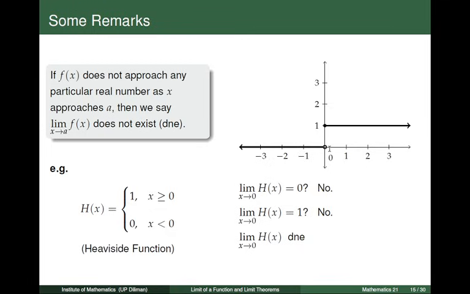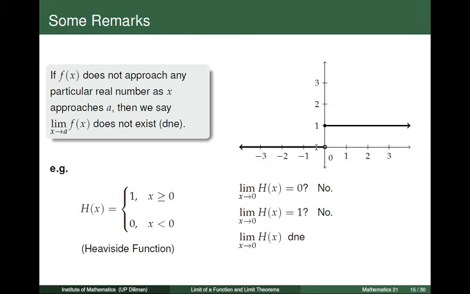Now, when we consider points close to 0 but on the right side of 0, the functional values of H are all 1. On the other hand, for x values on the left side of 0 but close to 0, all functional values of H are 0.